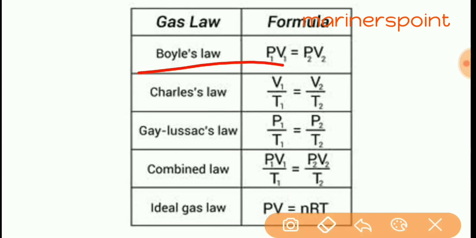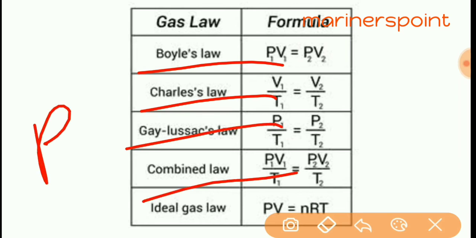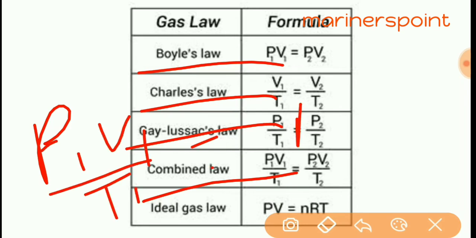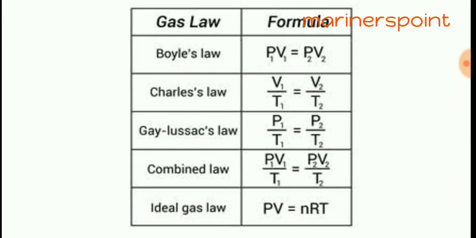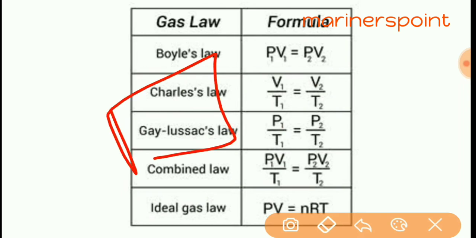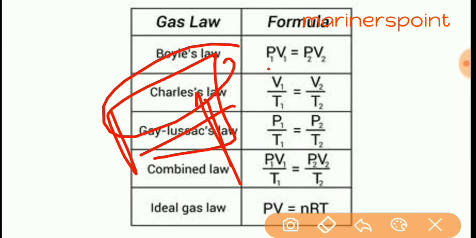Here Boyle's law, Charles law, Gay-Lussac's law and the combined law say that for a particular volume of gas in a jar, this is the relation, in which n and R are constant. Okay, when you increase pressure, you get a difference in volume or temperature, because in an air compressor we know that when we increase pressure, volume will decrease, and there we get the relation that temperature rises.